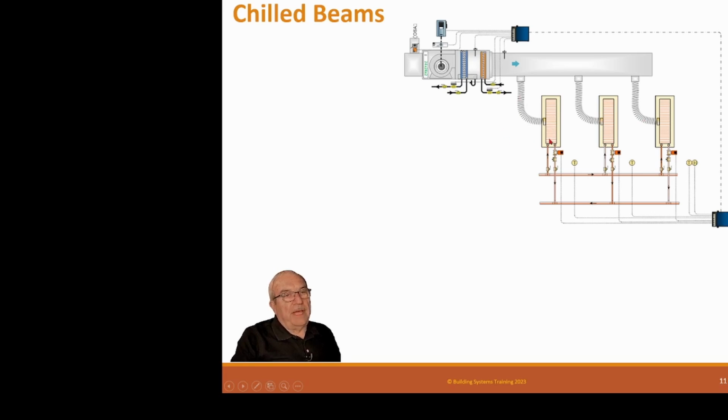And the problem they had was there was not enough area in the ceiling to provide all the sensible cooling they needed. So they started building these, what they call beams, and they put a square beam in the room with chilled ceiling panels on all four sides. So it ran right through the room like a beam, and it could add to the surface area of the ceiling to get more cooling into the space. And that's where the term chilled beam came into.